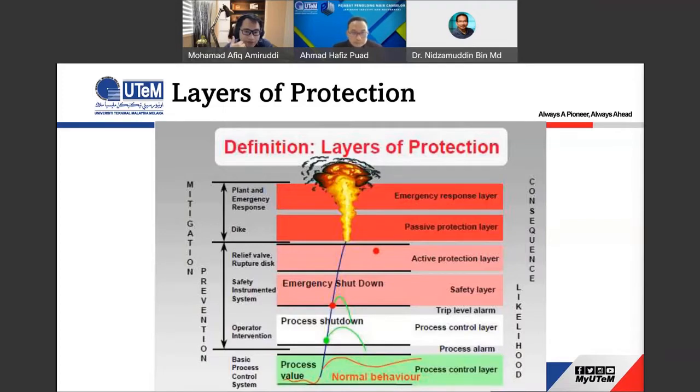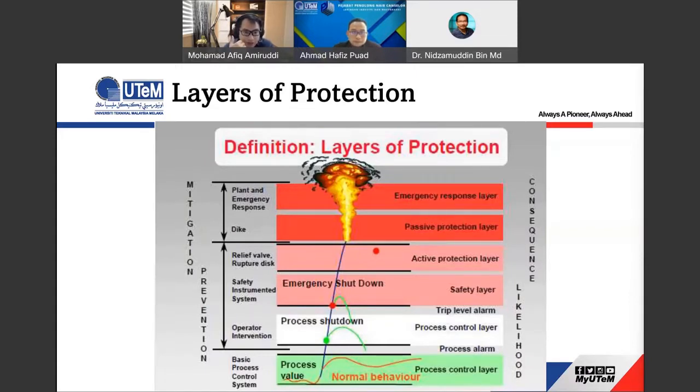If we still cannot contain this dangerous parameter, we have to use emergency shutdown, such as a safety instrumented system and so on.